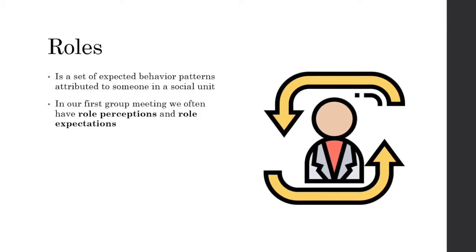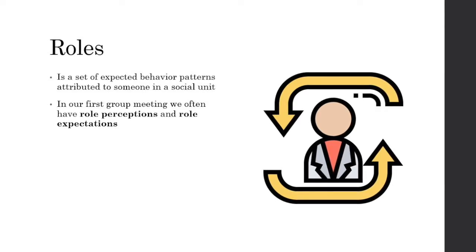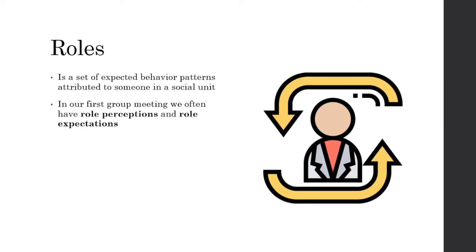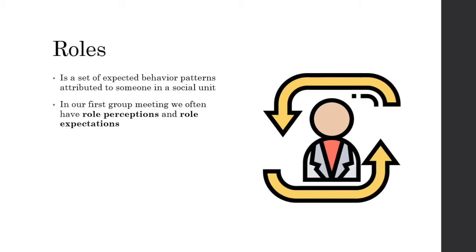Then we have role expectations, which is how my partners or my peers think I should be acting in a given context. So it's like the other perception. They have a different perception from mine, but the role is still the same.